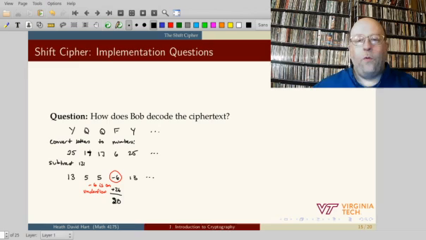So in encoding, because we're adding to the letters, we could have an overflow, in which case we have to subtract 26 to bring it back into range. When we're converting back, we subtract 12. That may create an underflow, in which case we have to add 26 to bring us back into range. And then we convert numbers back into letters.